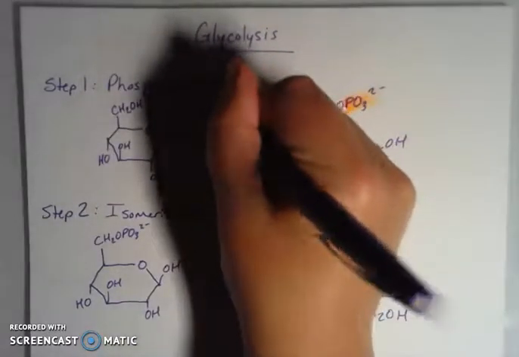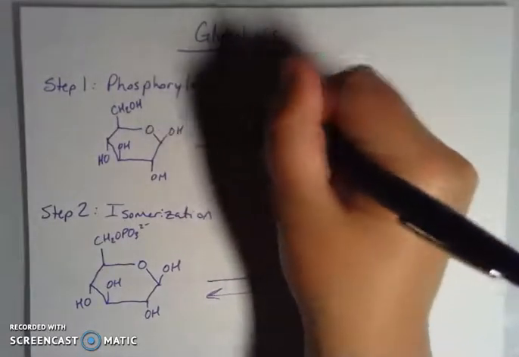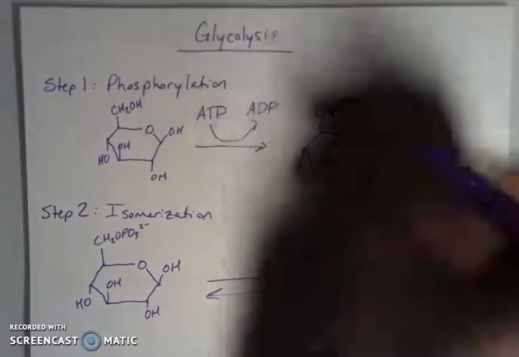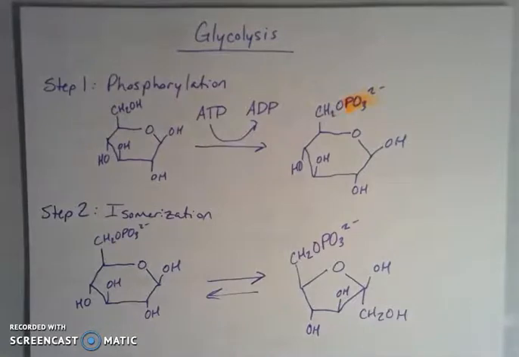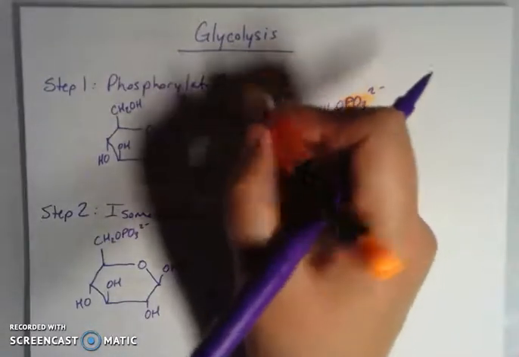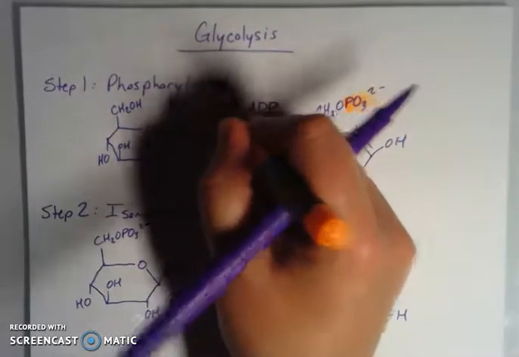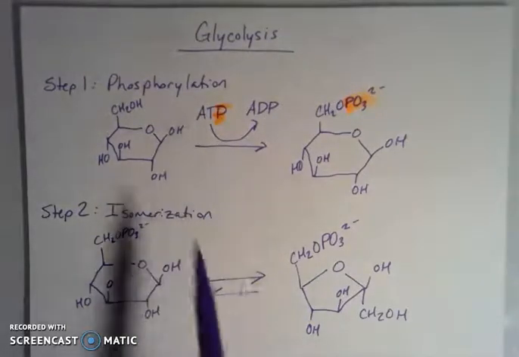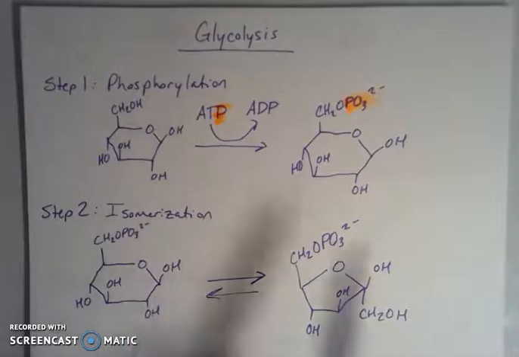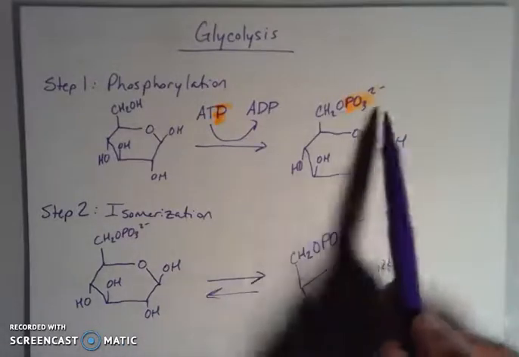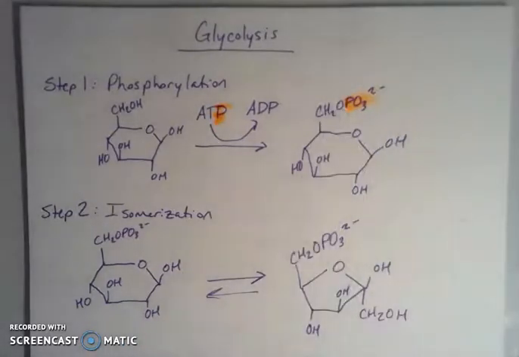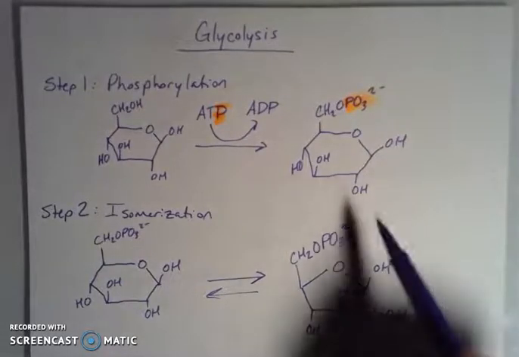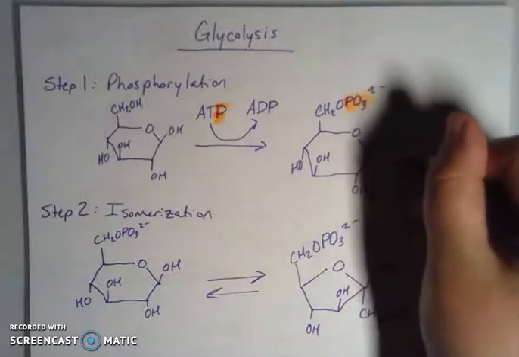So I have ATP that comes in and goes from ATP to ADP. That's where that first phosphate comes from, from my ATP. And we'll try to keep these color-coded as we go. Okay, so it cost me an ATP to phosphorylate this glucose, and now I have this phosphate group sticking off the end, and now I have what is called glucose 6-phosphate.